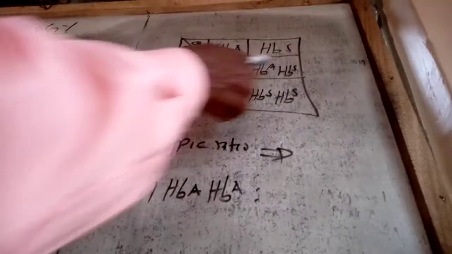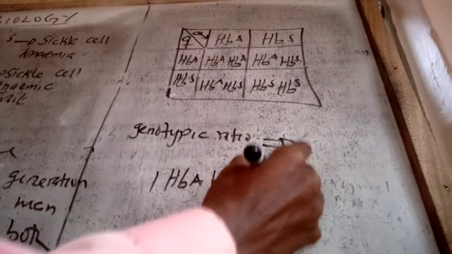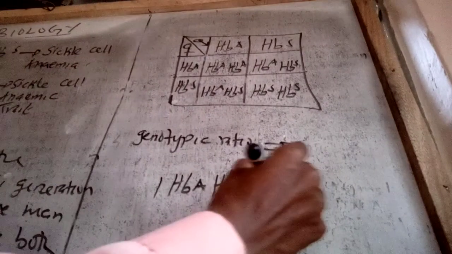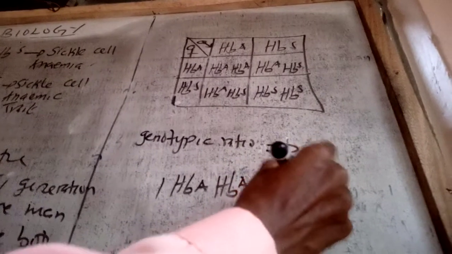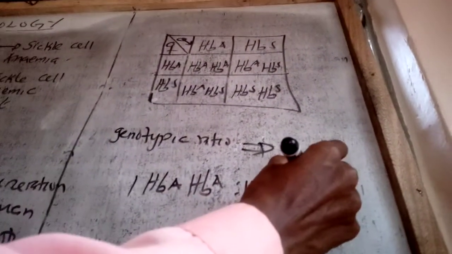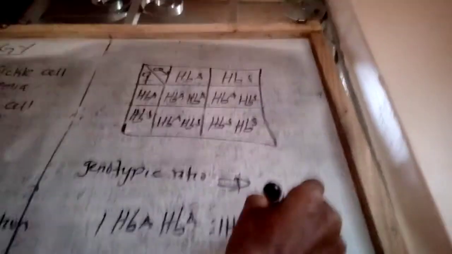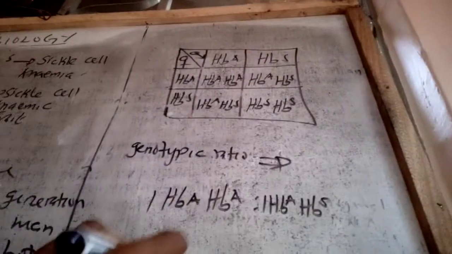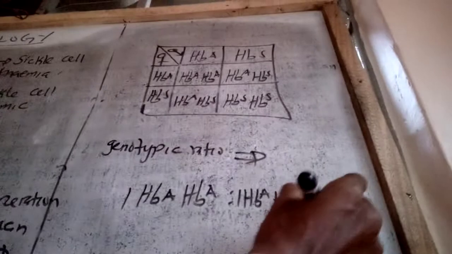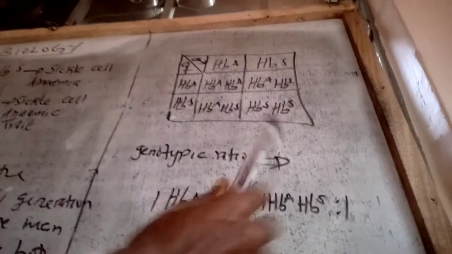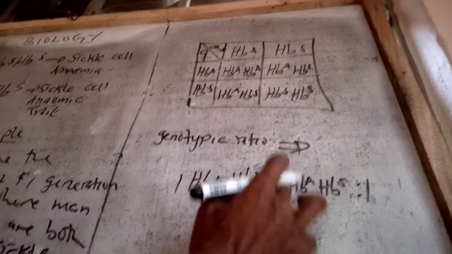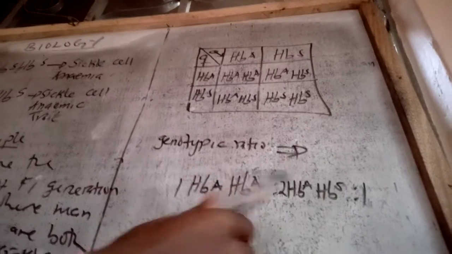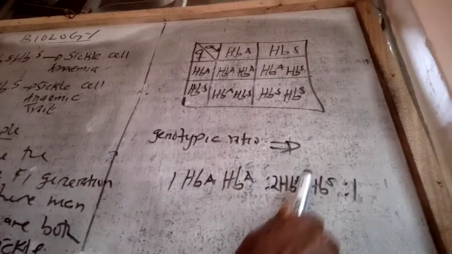The second and the third are carriers, and therefore you write 2 HbA HbS.